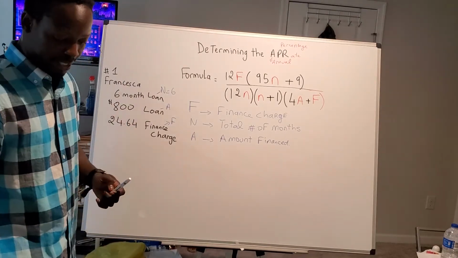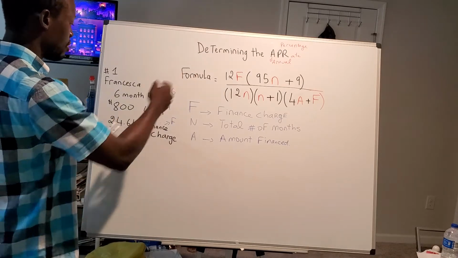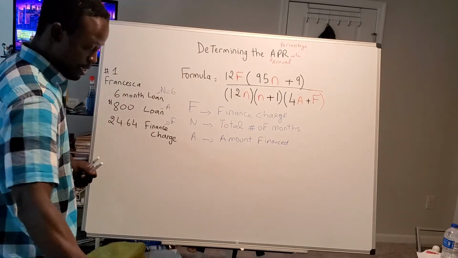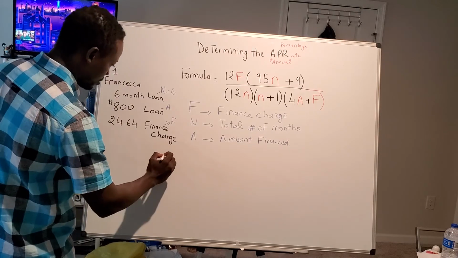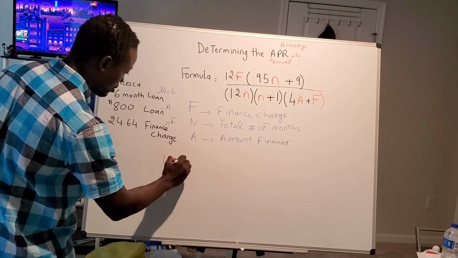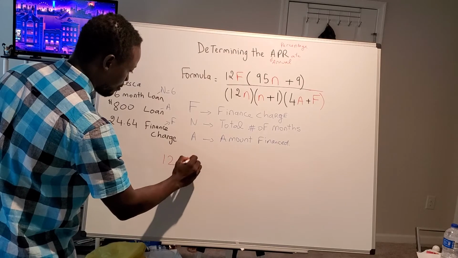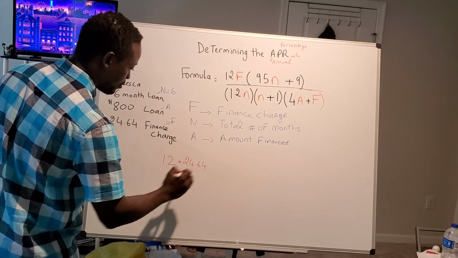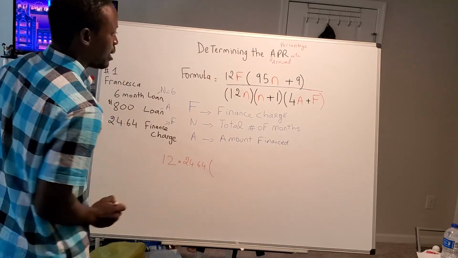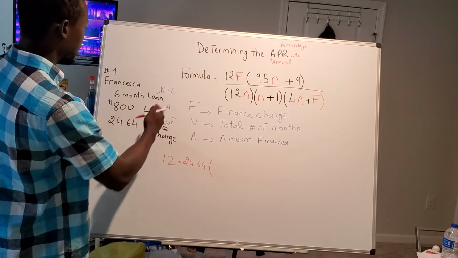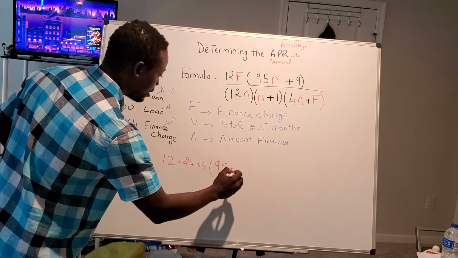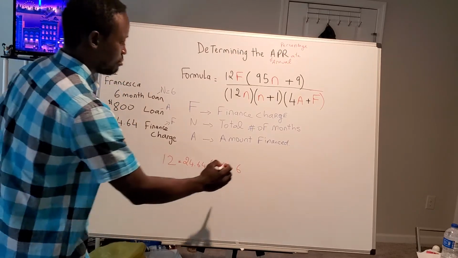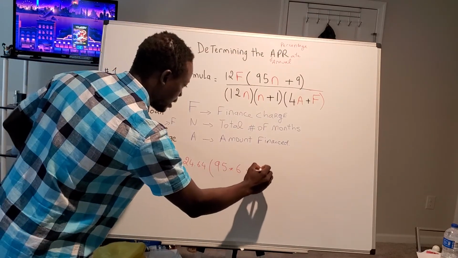So the first thing I need to do is 12F, right? F is $24.64, that's the finance charge, so 12 times 24.64, right? And then 95N, N is 6, so 95 times 6 plus 9, right?